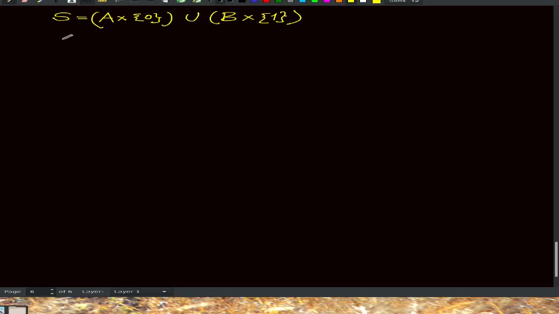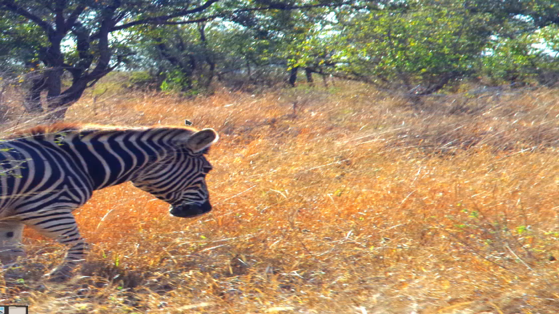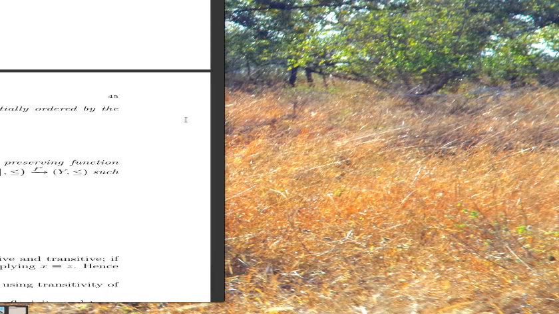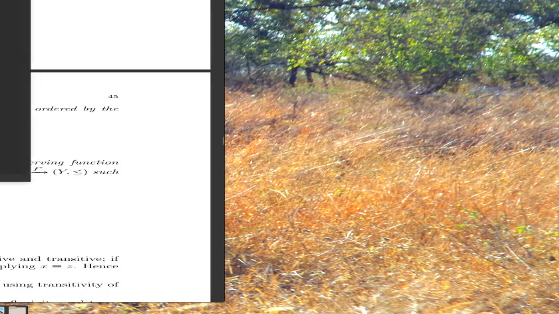Between S and B times 1 union A times 0. Even if you put this, as you know, union is commutative, so this doesn't matter. Which year's question? It was last year's question, 2020 February.